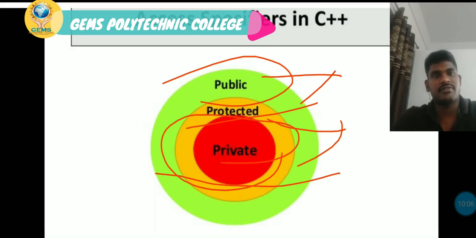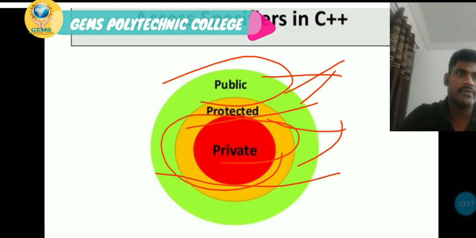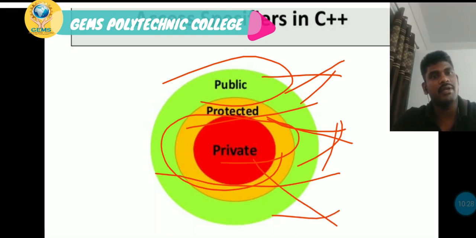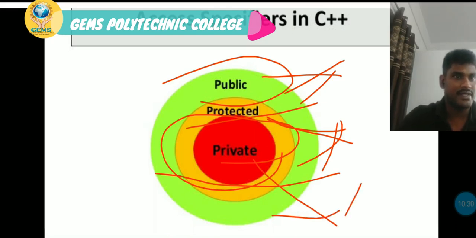And the next one is private. In the private access specifier, we cannot access the properties. It's very restricted. That's why green means all properties can be accessed without restriction, yellow means some restrictions are there, and private is very restricted. We cannot access the properties of a private class from another class.